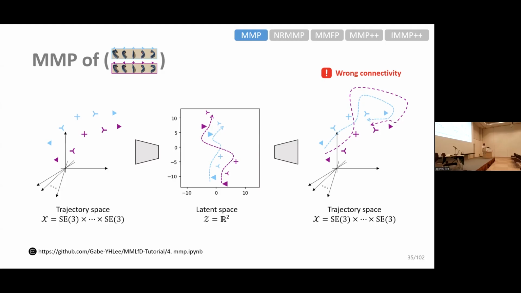See how differently these data points are arranged in the trajectory space and in the latent space. Let's imagine what the learned manifold looks like. Remember, the latent space is passed through the decoder and gets warped onto the manifold. It looks like the manifold we've learned is somehow twisted and has wrong connectivity, as visualized.